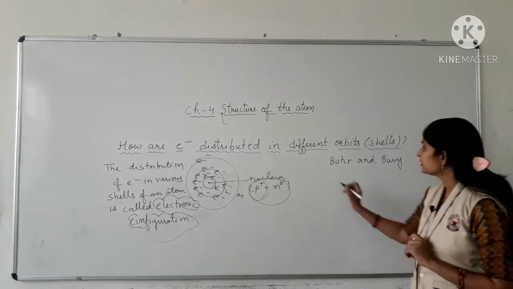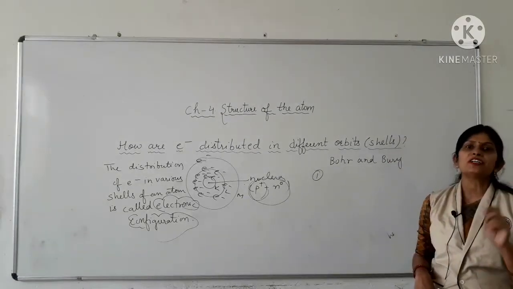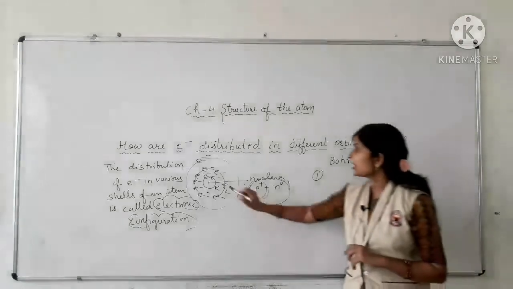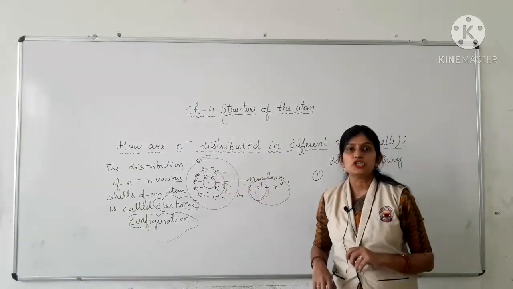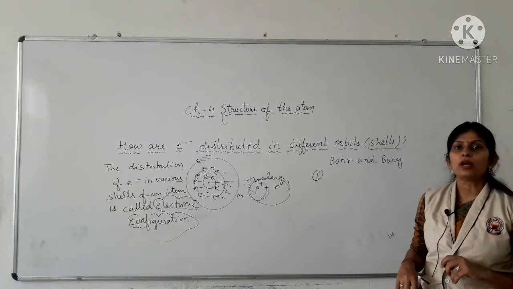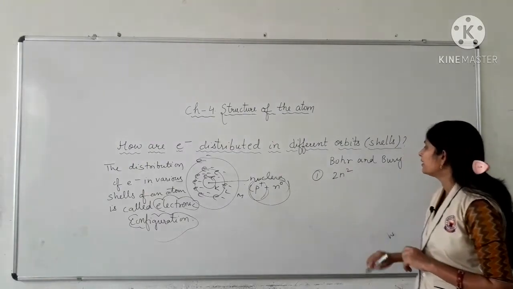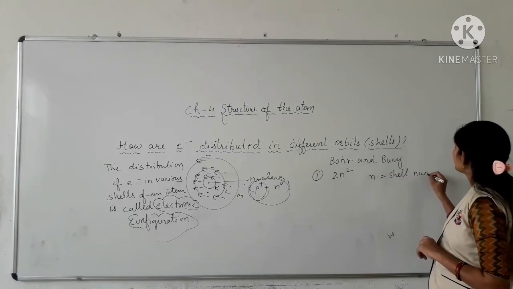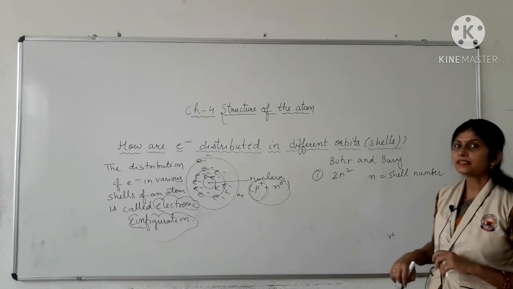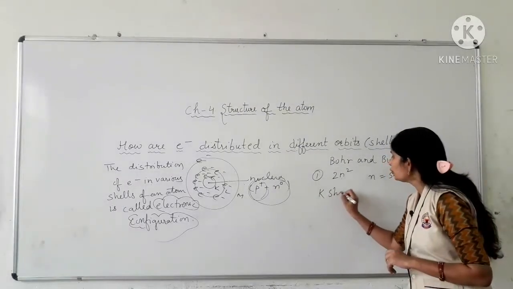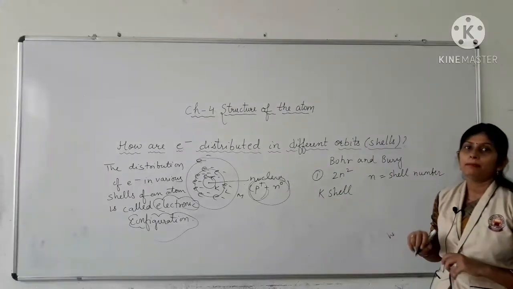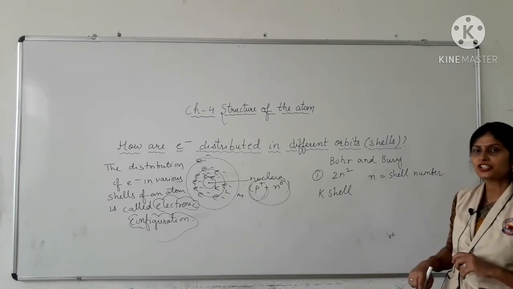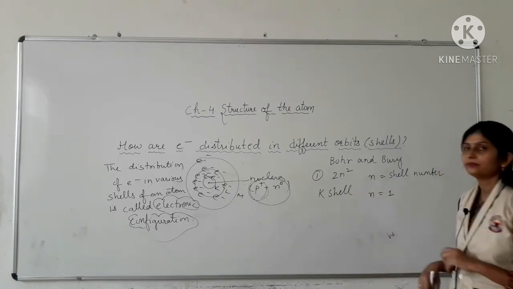Now what are those rules? In the very first rule it was said that the maximum number of electrons which can be accommodated in a given shell can be calculated by the formula 2n square, where n stands for the shell number. It means if you want to know how many maximum electrons can be accommodated in K shell, then K shell is the first shell, so n is equal to 1.